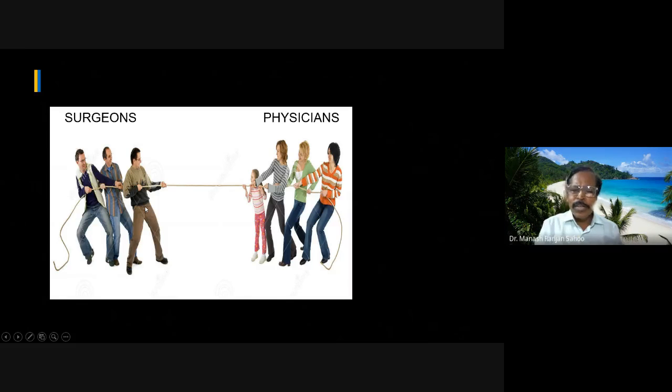The tug of war is going on between surgeons and physicians on this gastroesophageal reflux disorder. Believe me, a surgeon rarely gets a patient referred from a physician for an anti-reflux surgery. Surgeons basically generate their own patients for anti-reflux surgery, because physicians all the time think that with a pill they can cure everything, so they keep these patients on pills lifetime.